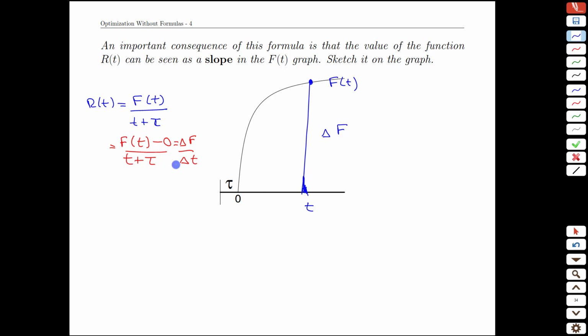There we go. And delta t is this total time down here. And if we're asked what the ratio is, that is going to be a slope connecting those 2 points. The change from 0 up to f is f of t. The change on the horizontal distance here is t plus tau, or delta t, and the rise over the run is going to be that slope.